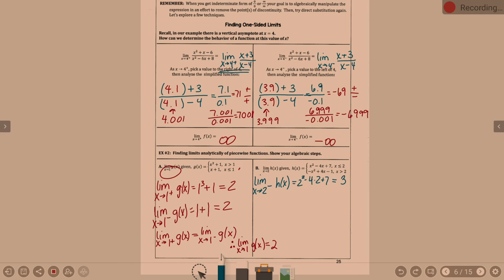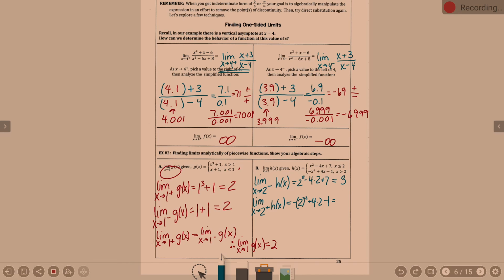So I did 4 minus 8 plus 7. And now, if I do the limit as x approaches 2 from the right of h of x, what am I plugging in now? Still 2, but now it's negative of 2 squared plus 4 times 2 minus 1. 11.